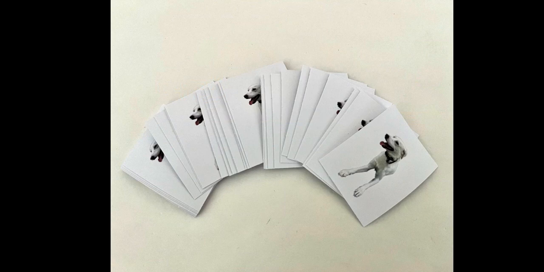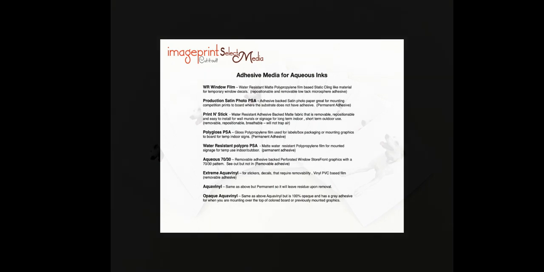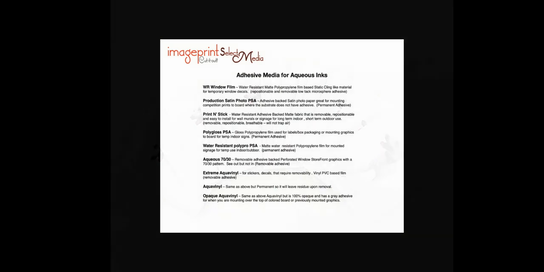All right, so here's my stickers, individually cut out, ready for use. And I'm going to go ahead and pause the video again here. In the beginning of the video, I talked about all the different types of adhesive medias that are available. These are ones specifically for aqueous printers.